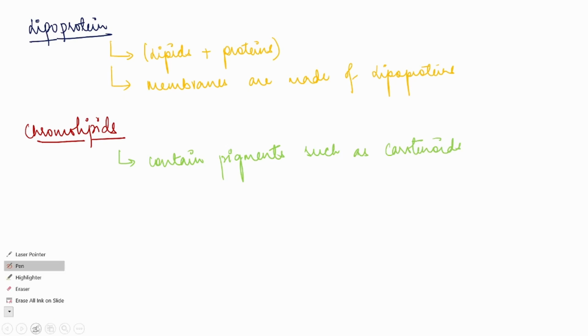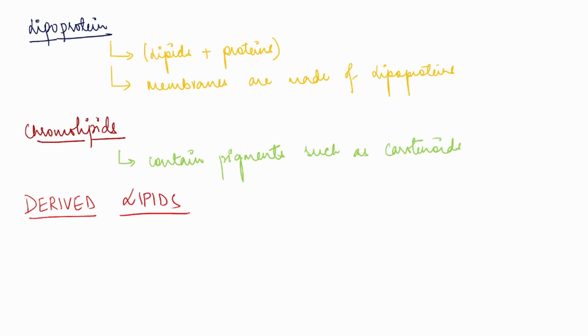Next is the third class of distribution. We call it derived lipids. Now what are derived lipids? An example of derived lipids is steroids.